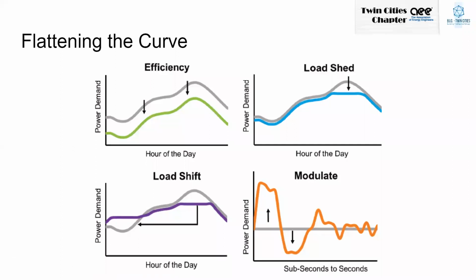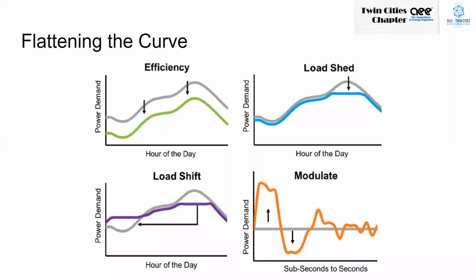The idea is, can we flatten the curve of our energy demand by efficiency, which reduces the entire curve, and load shed, where we reduce the amount of energy demand during peak times, and this is kind of demand response. There's things like saver switches that we use for air conditioning, those sorts of things. So it's reducing the peak.